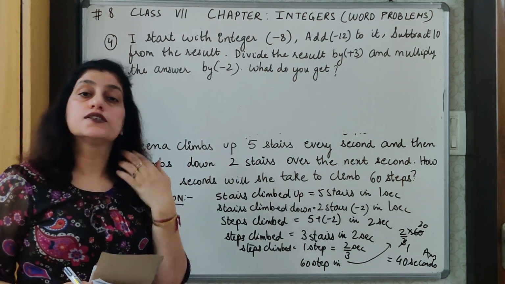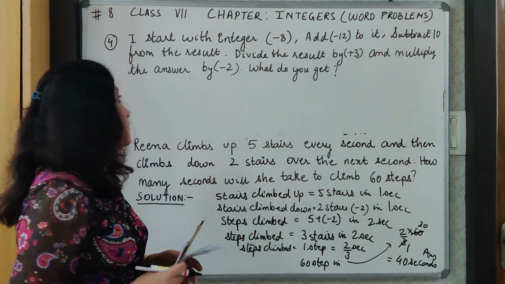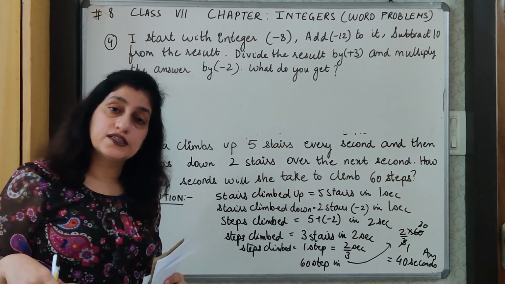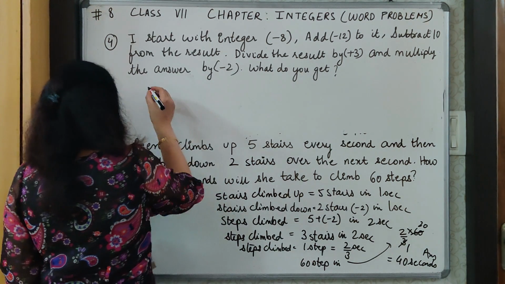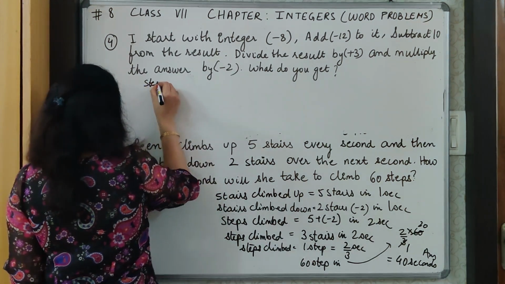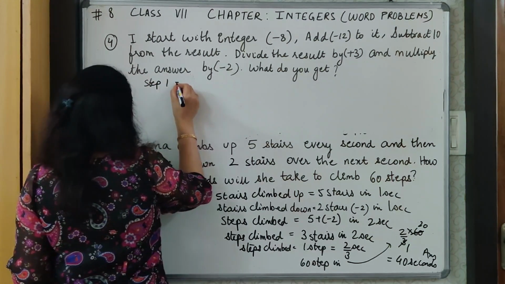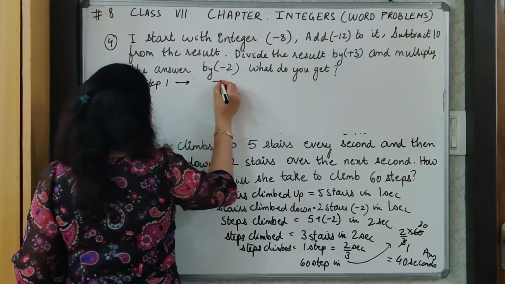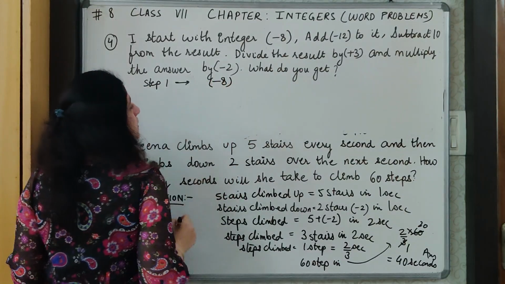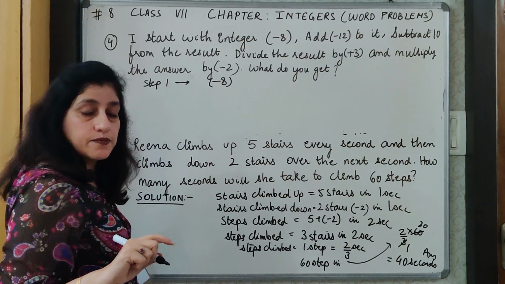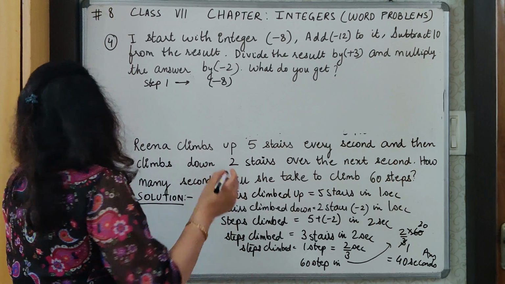So we will move step by step. What is my first step? That I start with the integer -8. So I write here step 1 is that I have an integer -8. Second step is add -12 to it.